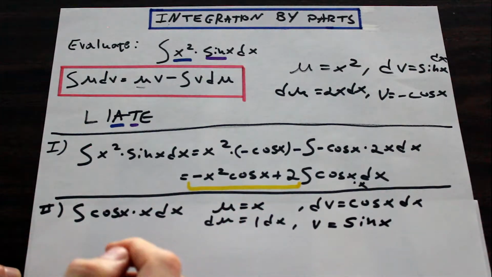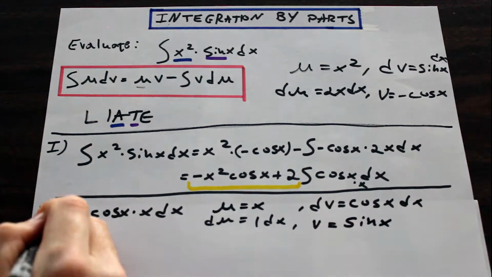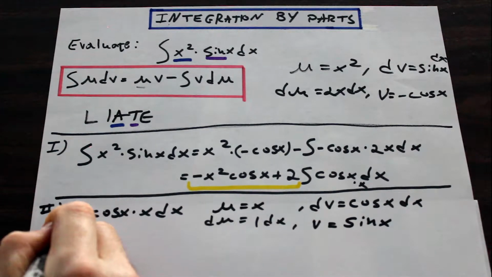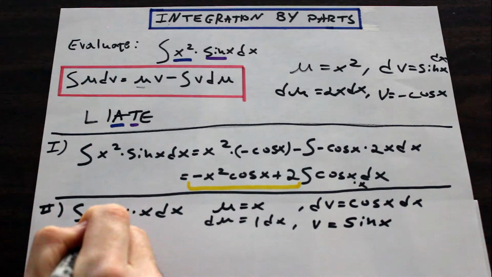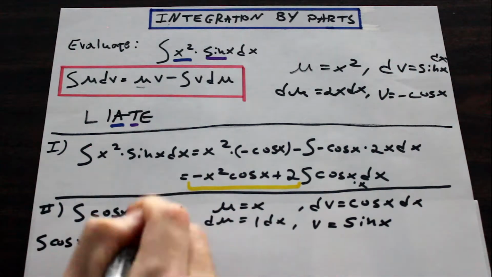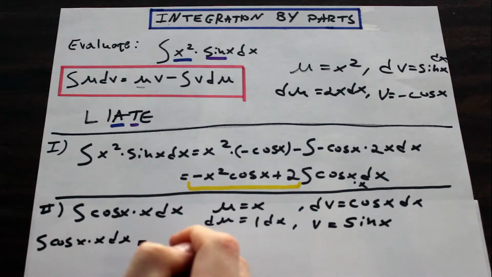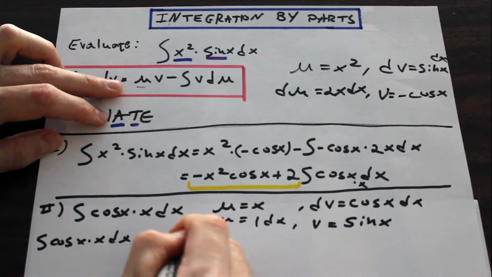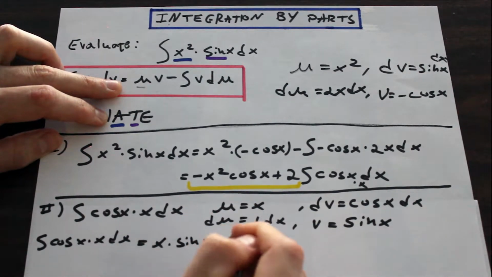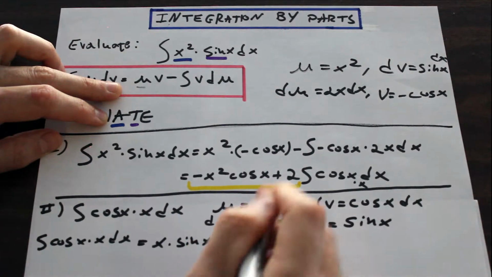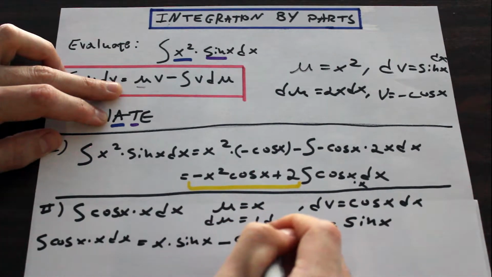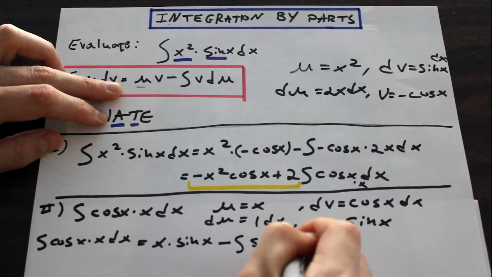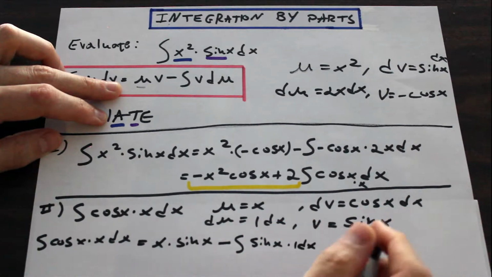Okay, rewriting that, we get the integral of cos x times x dx equals x, again I'm looking at this formula, times sine x minus the integral of sine x times 1 dx.